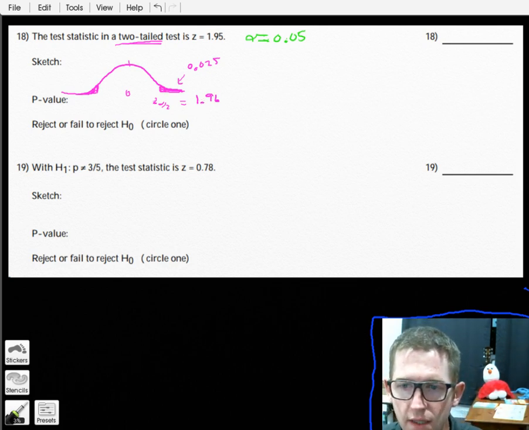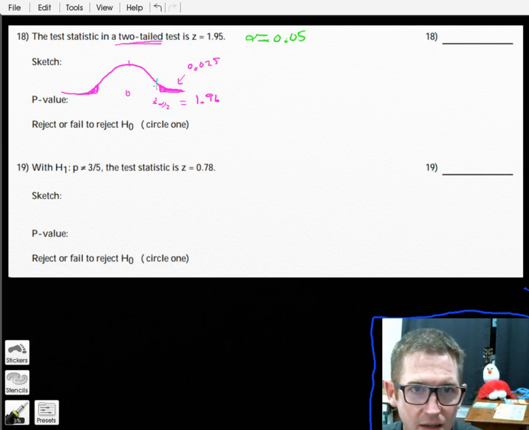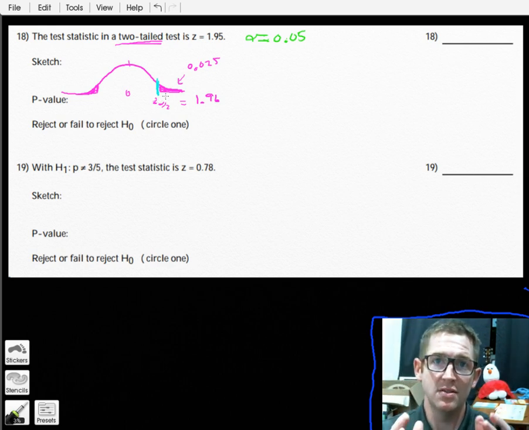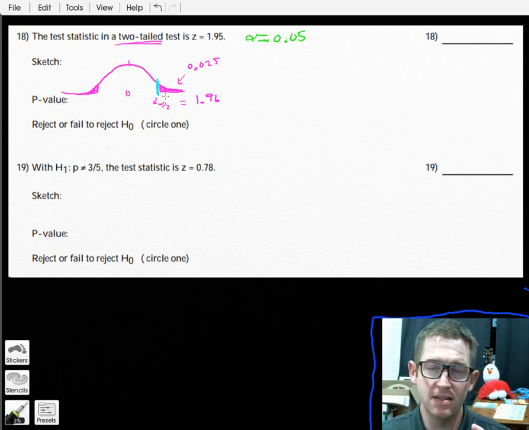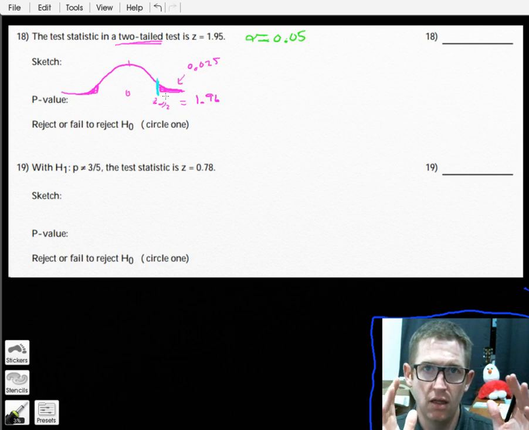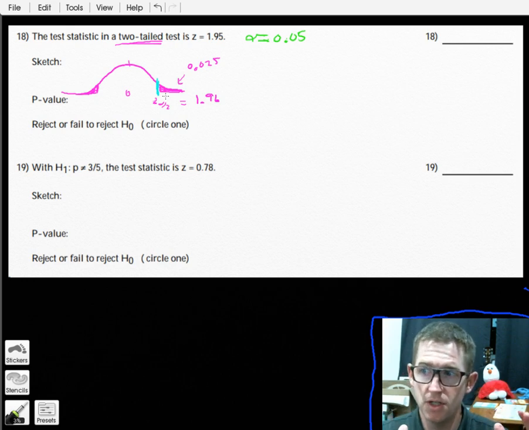So relative to 1.96, we know that the 1.95 is going to be right before it. Looking at that picture, since the test statistic doesn't fall within the critical region, we should fail to reject the null hypothesis.